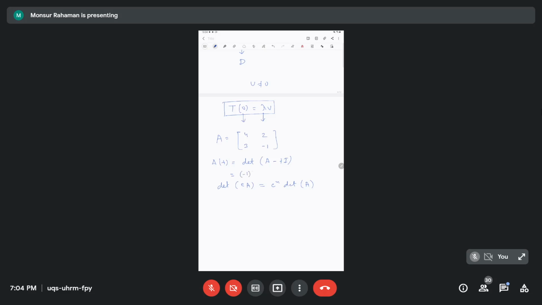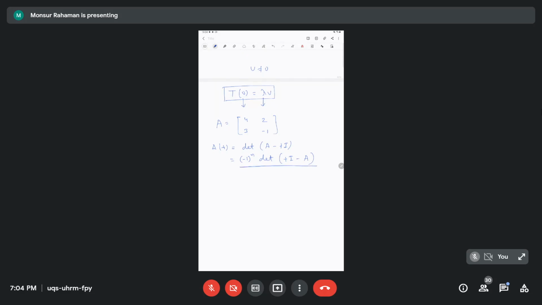Similarly, if you multiply by minus 1, this will be tI minus A. Actually this is the characteristic equation: determinant of tI minus A, which is minus 1 to the power n times determinant of A minus tI.